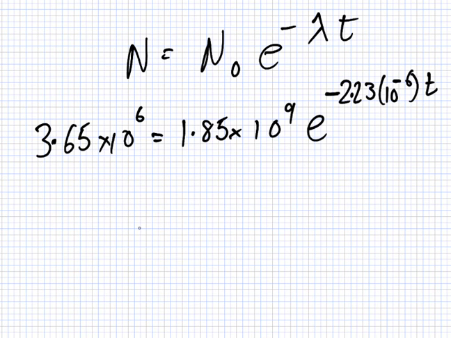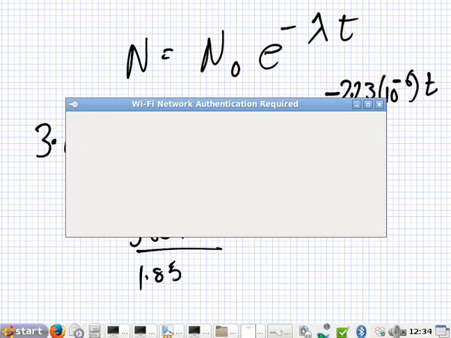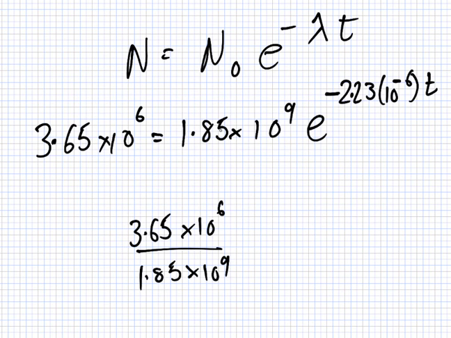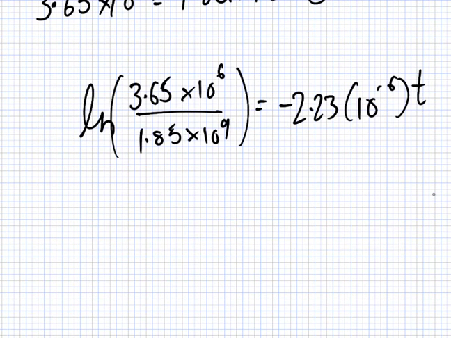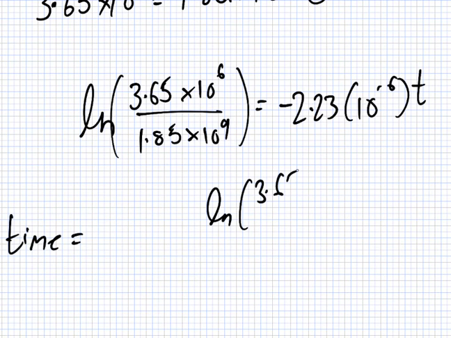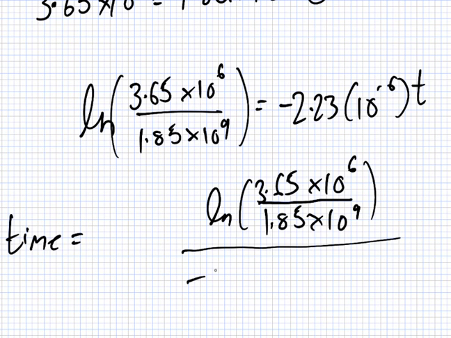So firstly I'll divide 3.65 times 10 to the 6 over 1.85 times 10 to the 9. That gives me it with the e. How do I cancel the e? Log. So we have log of this equals minus 2.23 times 10 to the minus 6 t. So the time would equal log of 3.65 times 10 to the 6 over 1.85 times 10 to the 9, all over minus 2.23 times 10 to the minus 6.